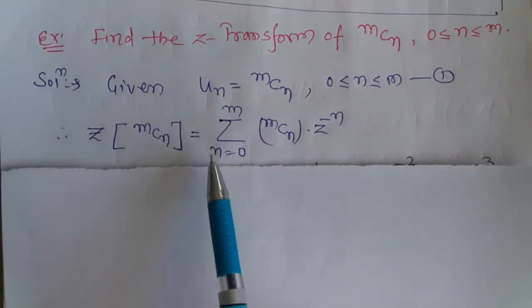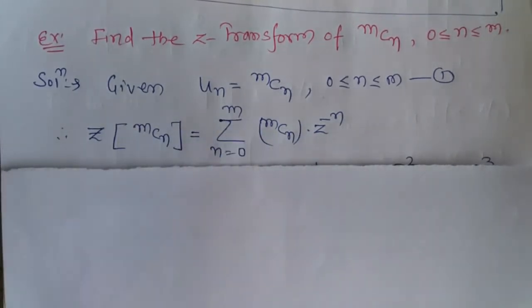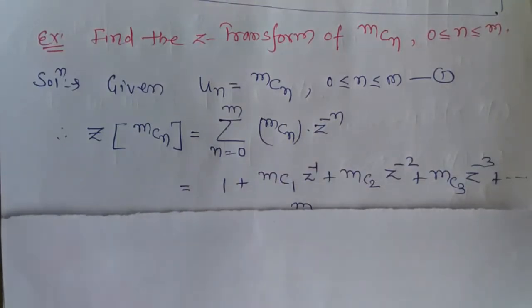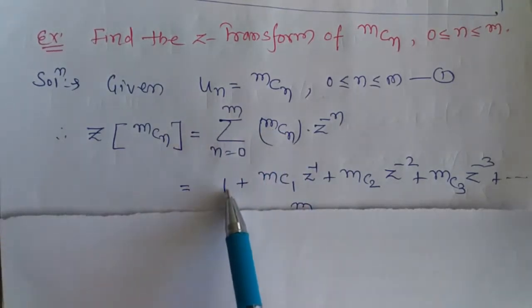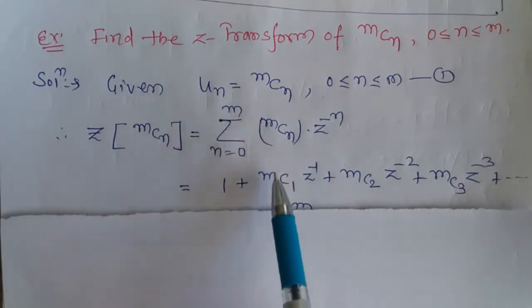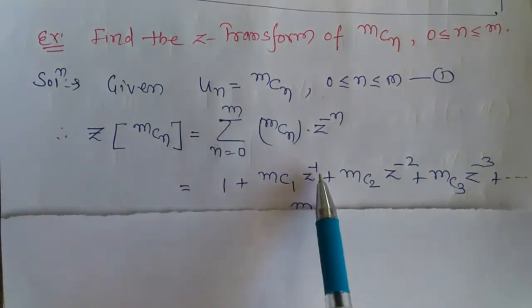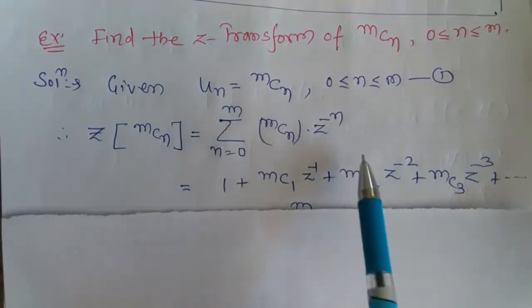Now to expand this summation by putting n equal to 0, 1, 2, 3 and up to m: for n equal to 0, we get mC0, which is 1, and z^0 is 1, plus for n equal to 1, mC1 z^(-1), plus for n equal to 2, mC2 z^(-2).